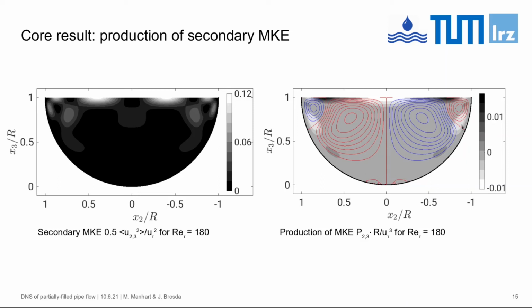And here in this spot and in the center of the channel, in the symmetry plane, there's actually a flux of kinetic energy from the mean secondary flow towards the turbulent motion. And only in this region here, kinetic energy is transferred from turbulent motion to secondary flow.